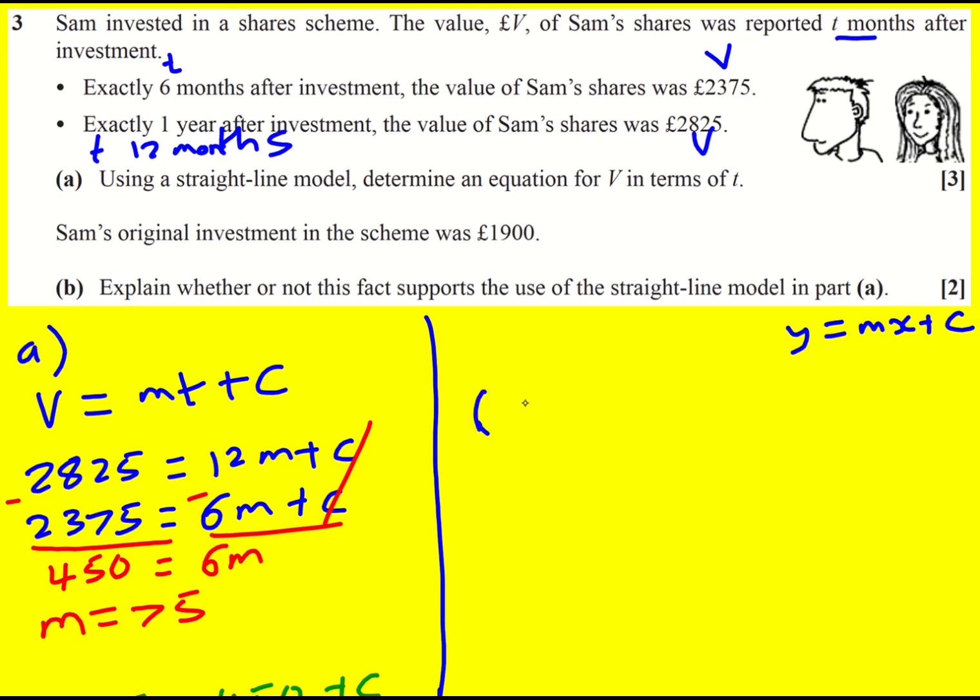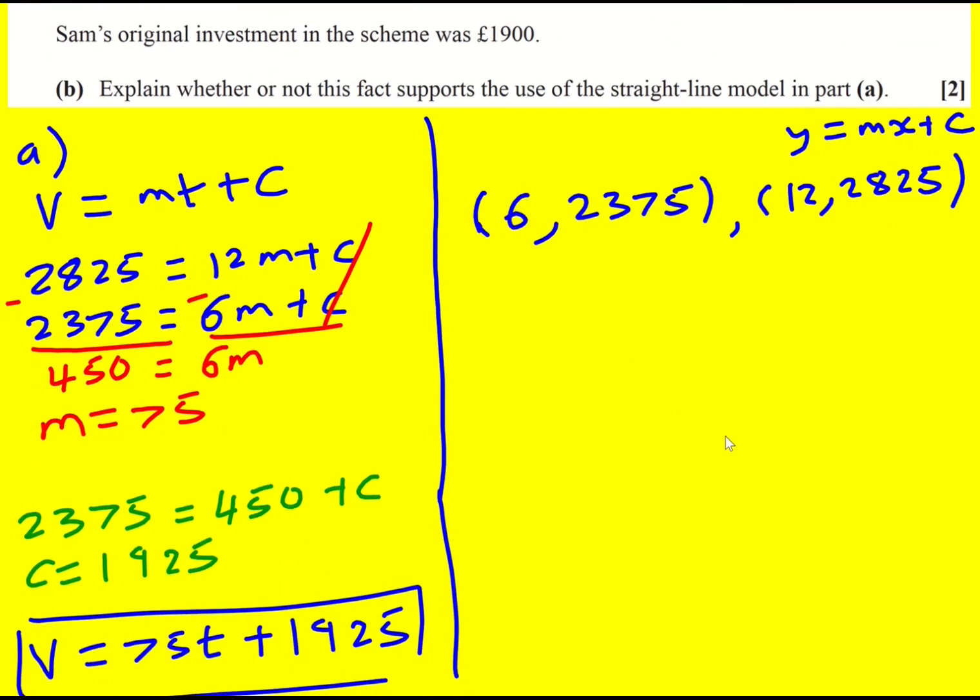You could imagine that you've got 2 points on a graph, (6, 2375) and (12, 2825). And you get asked at GCSE and in A-level to find the equation of the line through these 2 points.